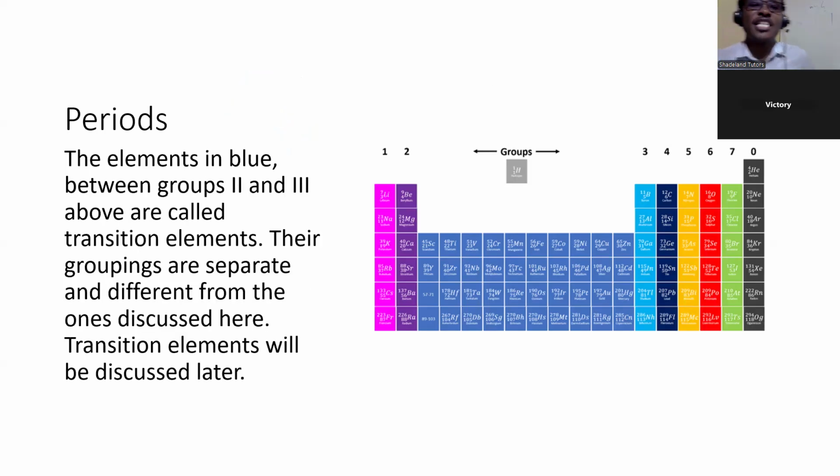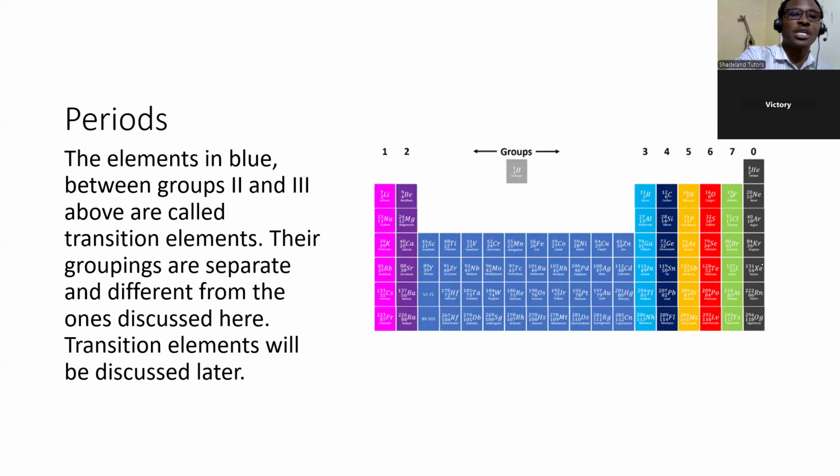So the elements in blue, notice this, between groups 2 and 3 above are called transition elements, or rather, they are called D block elements. Later on, we are going to refine this statement because not all D block elements are transition elements, but they are all D block elements.